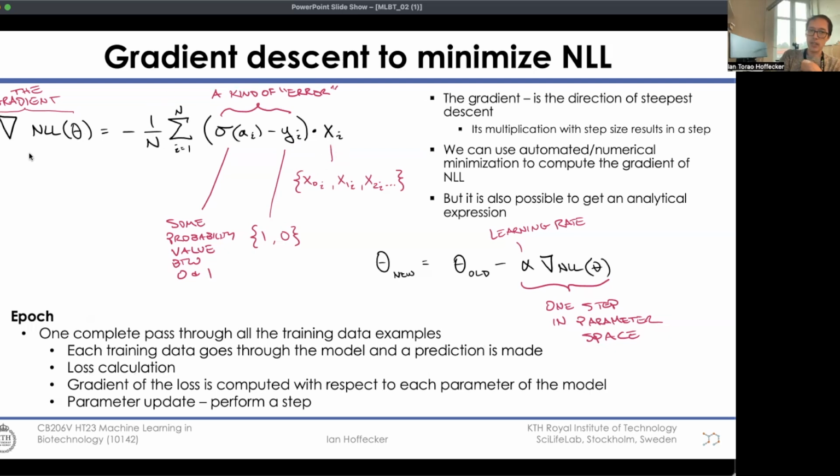So the gradient is a kind of derivative of the loss function, so a measure of the rate of change of the loss function, and an analytical expression of it would then give us the ability to always find the vector or direction of steepest descent in our parameter space.